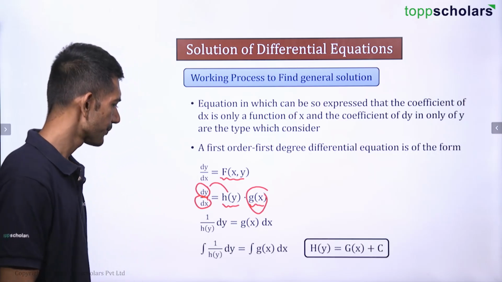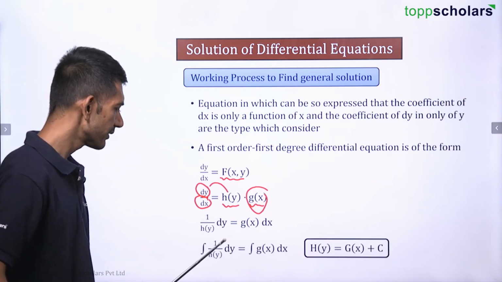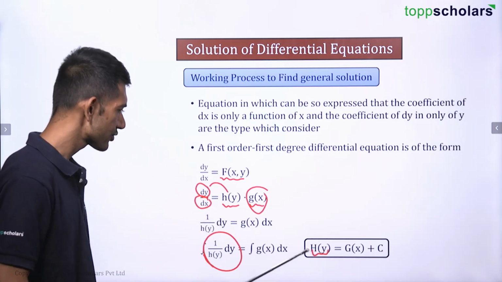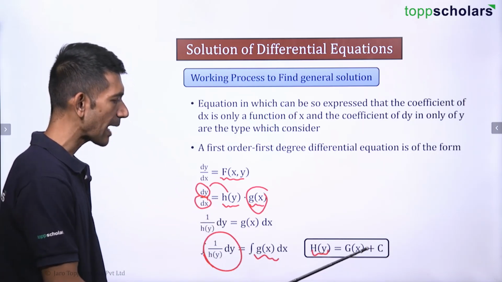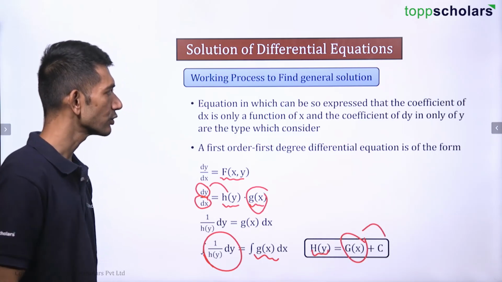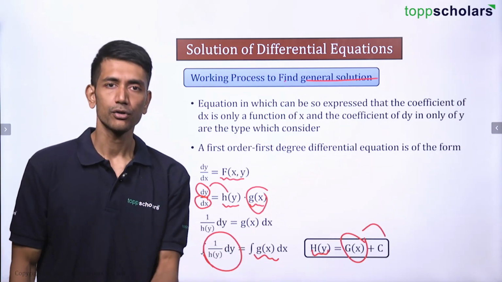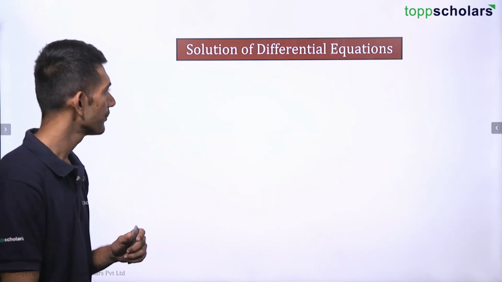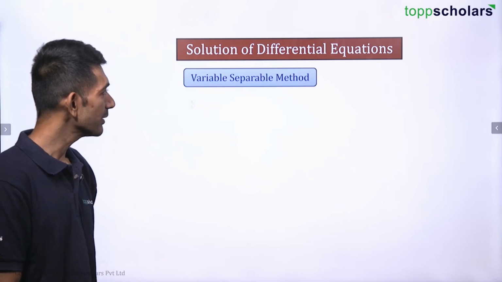Simple? Okay. And then you integrate on both the sides, and this becomes, say we have taken it as capital H, and this we have taken as capital G, plus C, some constant, to find the general solution. But to find the particular solution, in that case we also find the value of C, right? So this is the variable separable method.